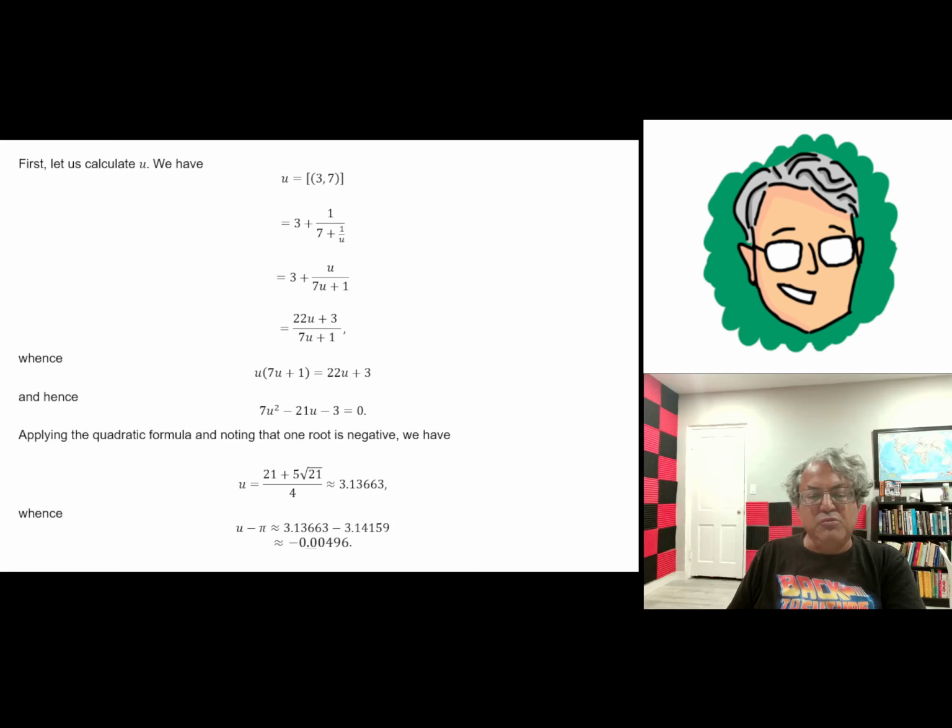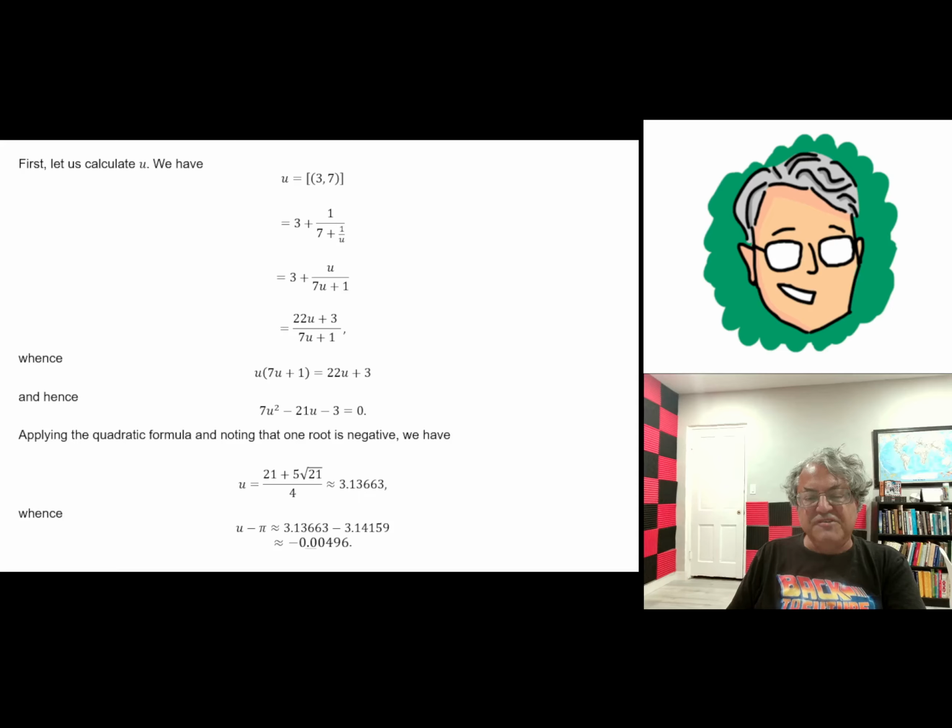I'm sure you guys all remember the quadratic formula: negative b plus or minus the square root of b squared minus 4ac, all over 2a. And we want to take the plus sign in front of the square root because it turns out one of the roots is negative. We don't want the negative root. So when you do this and you simplify, you find that u is equal to 21 plus 5 times the square root of 21 all over 14.